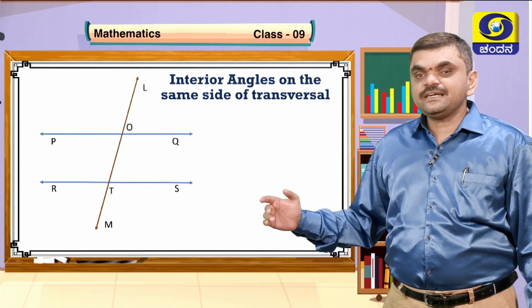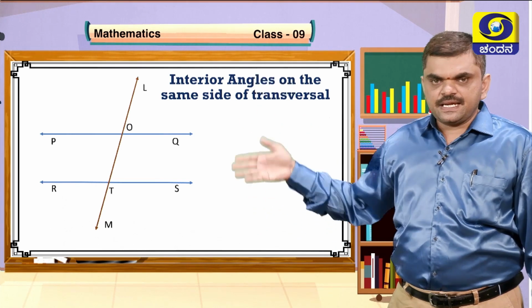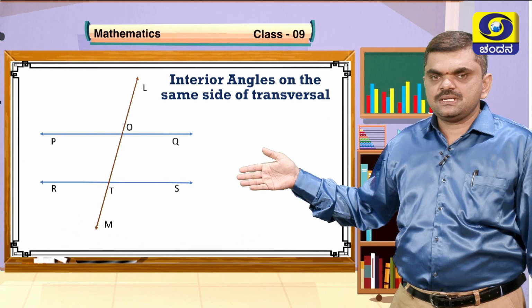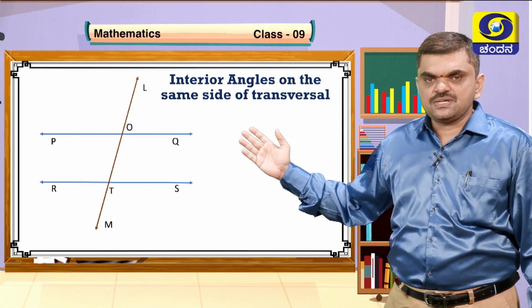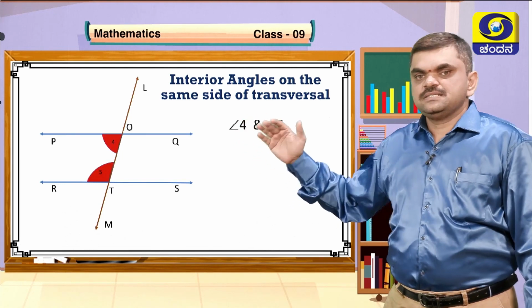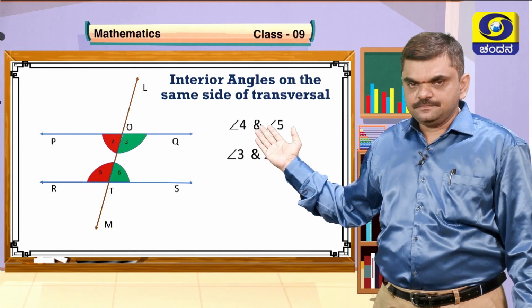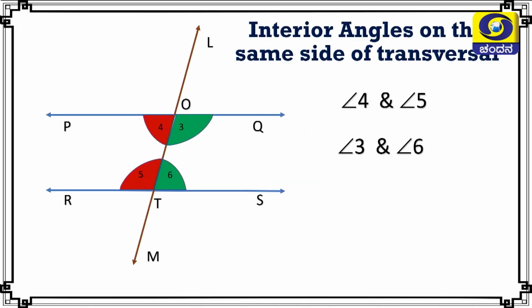Now, interior angles on the same side of a transversal. This is a transversal, LM is a transversal. Interior angles on the same side of a transversal means angle 4 and angle 5. In the same way, angle 3 and angle 6. Right, children, you are correct.